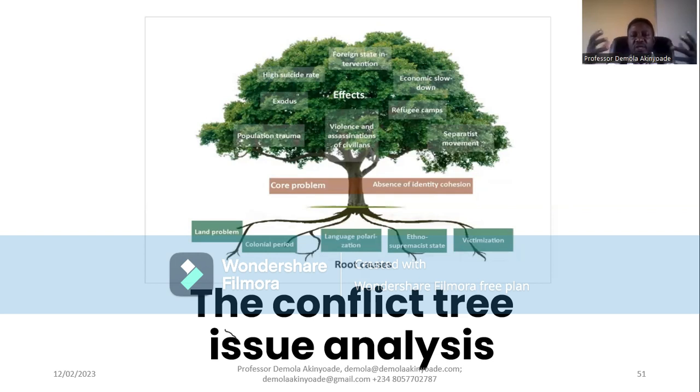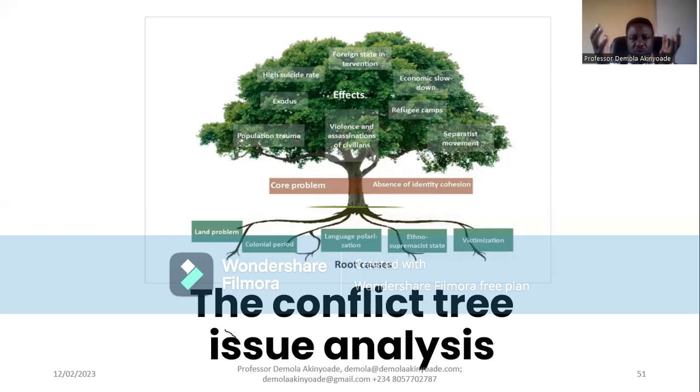Now, when we see a tree, often the first thing we see there are the leaves. It is when we move closer, we begin to see the stem, and it is until when we dig under the soil that we begin to see the roots. But you and I know that without the roots, the tree is dead. So let's say this tree is an undesirable tree.